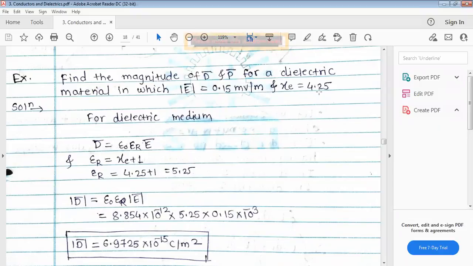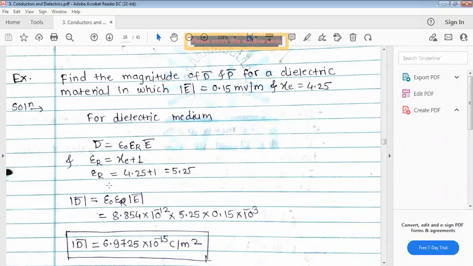What is the formula to find D bar? D bar is equal to epsilon E bar, and epsilon is nothing but epsilon 0 into epsilon R. So D bar is equal to epsilon 0 epsilon R into E bar. Then epsilon R is equal to Xc plus 1.